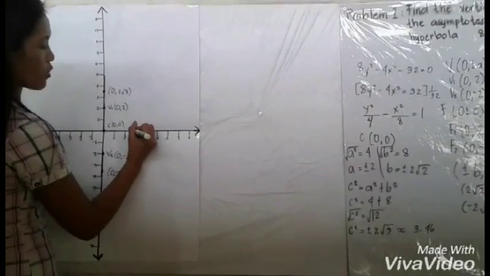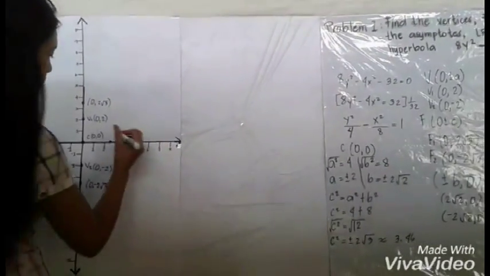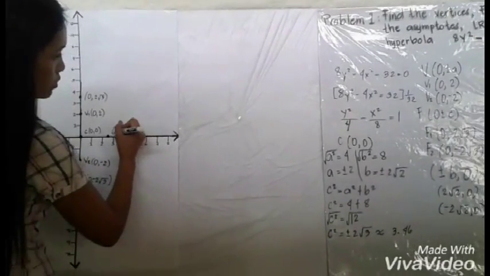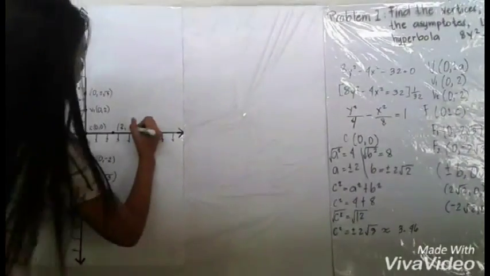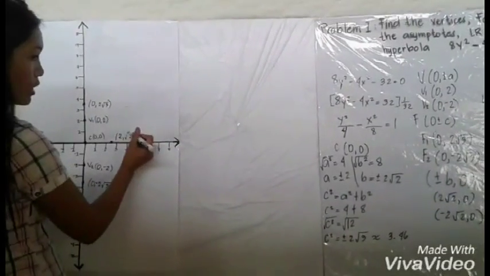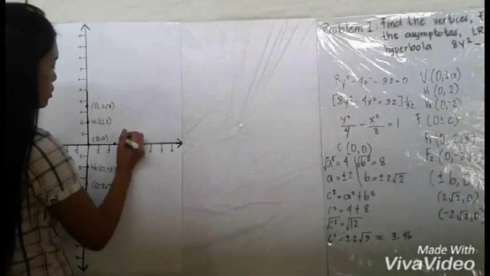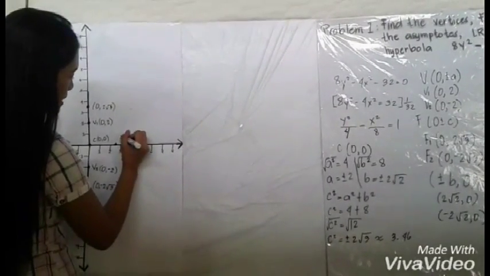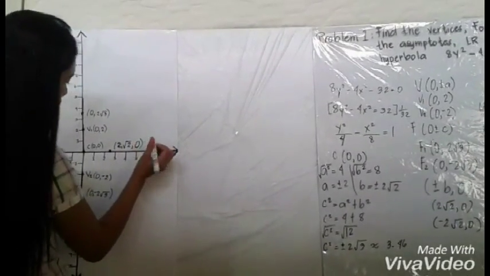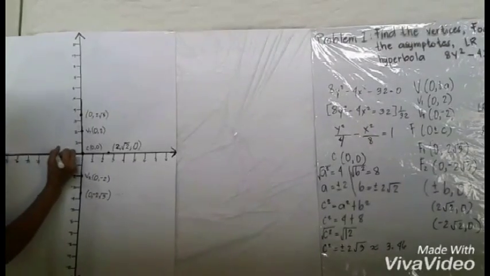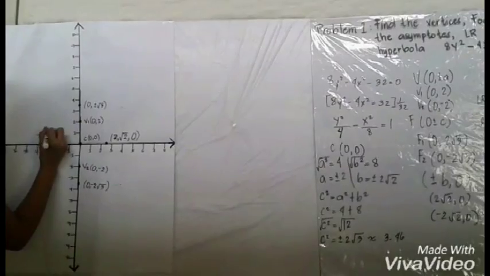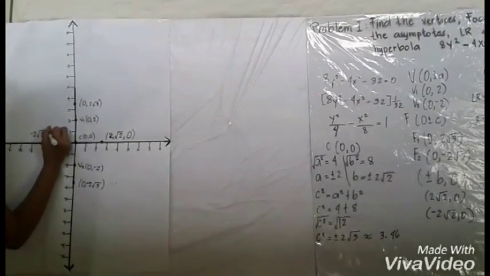So we have here our conjugate axis endpoints. Now we are going to locate positive 2 square root of 2 and 0, and the other one is negative 2 square root of 2 and 0.